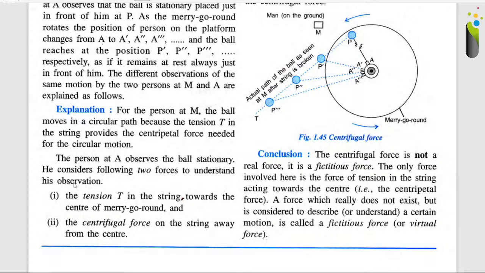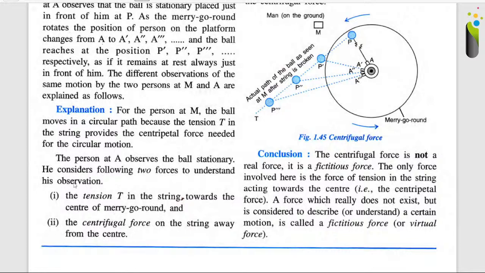For the person at M, the ball moves in a circular path because the tension T in the string provides the centripetal force needed for the circular motion. The person at A observes the ball stationary. He considers the following two forces to understand his observation.